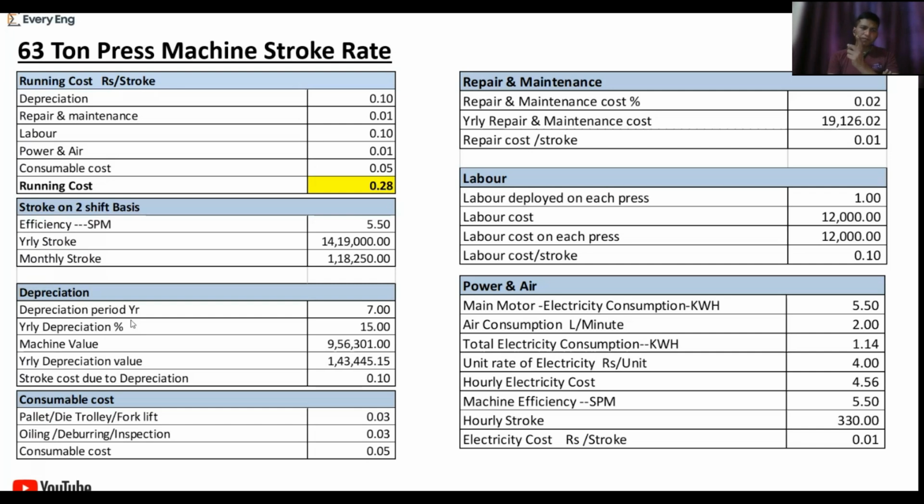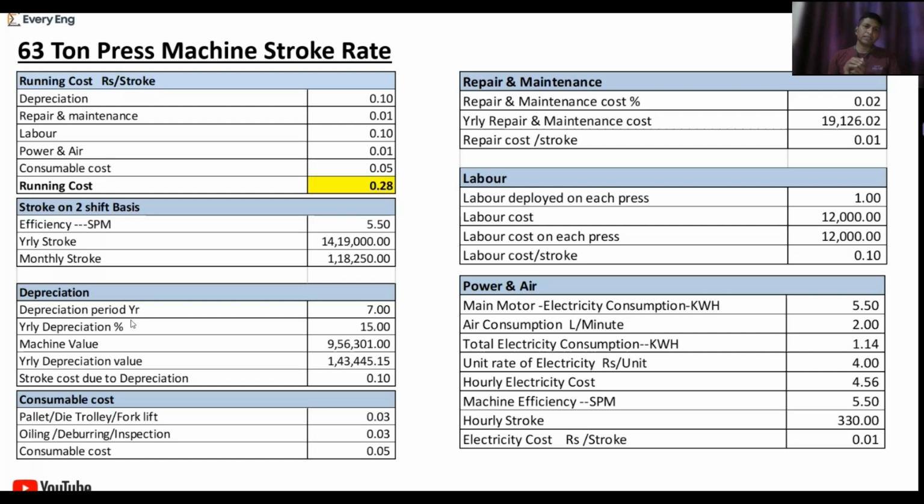So everybody knows what is the life of a VMC. It's about 15 years. Yes. And also the government sets a standard life of each machine when we take a CA.